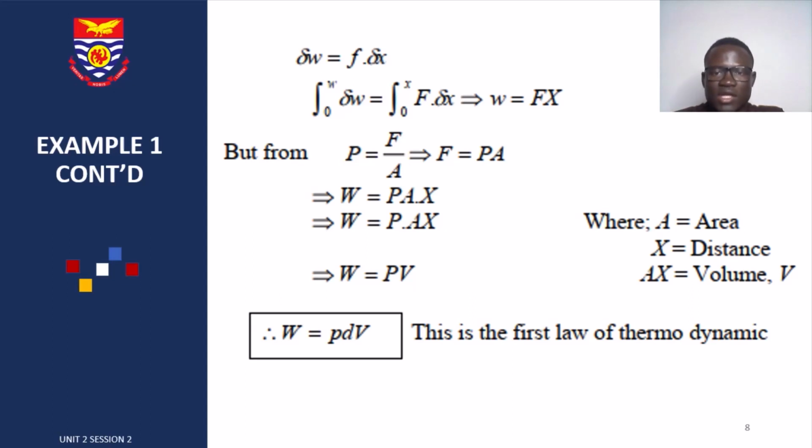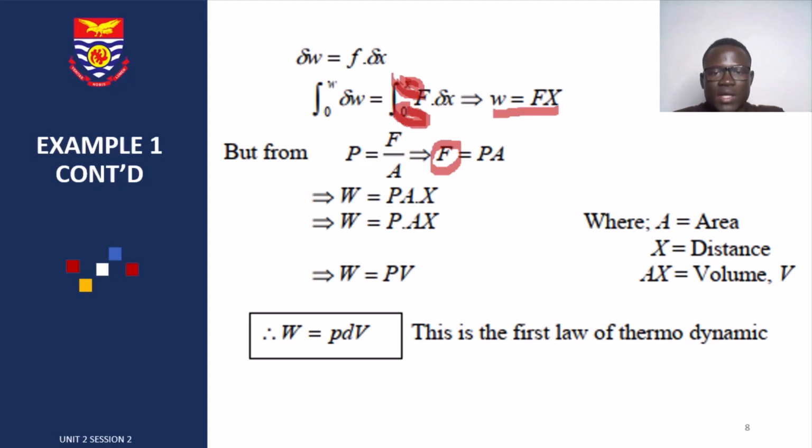So if we integrate our work done, we are going to go from our initial volume to our final volume. So we are integrating our work done from the volume increase, from the initial point 0 to our final volume. And this gives us W is equal to Fx. But we know that pressure is equal to force over area. Therefore, we can make force the subject, which gives us pressure times area.